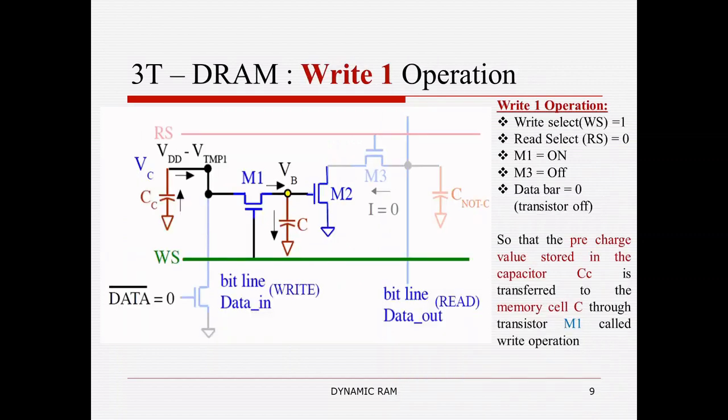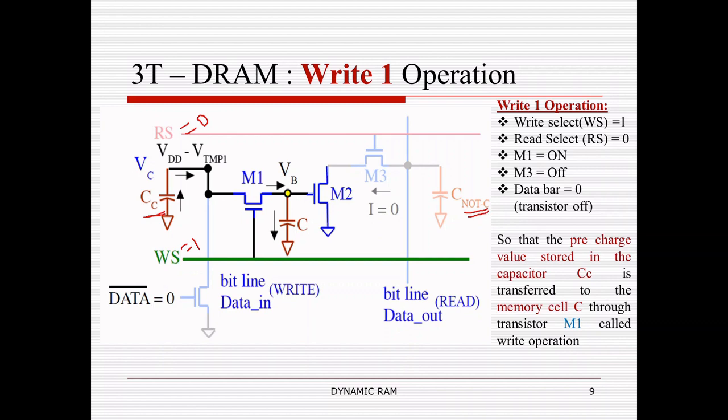Then coming to the write operation on the 3 transistor dynamic RAM configuration. For performing the write operation, I need to select write select equal to 1 and read select equal to 0, and the column capacitances CC and C naught C are at the pre-charge level.